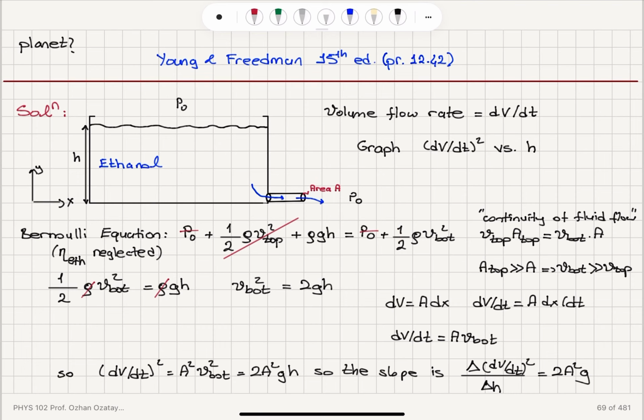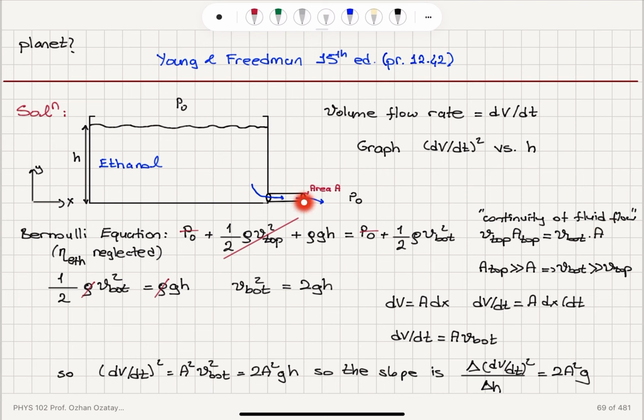And we find that from the continuity of fluid flow, because the same fluid volume flow rate should be at the top and at the bottom surfaces, V top times A top is V bottom times A bottom, which I called A. And because this is a very large tank, the area of the top surface is much greater than the area of the bottom horizontal pipe.